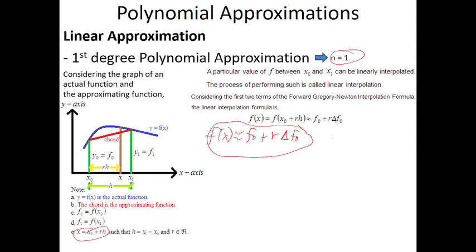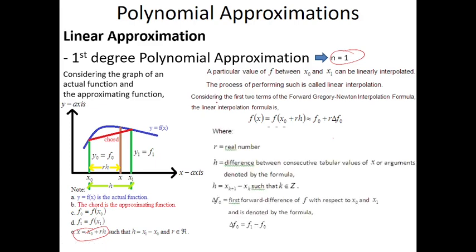This graph is approximated by a line, which is a linear function. In this case, we have the equation f sub 0 plus r delta f sub 0, where r is called the real number, which is the variable.